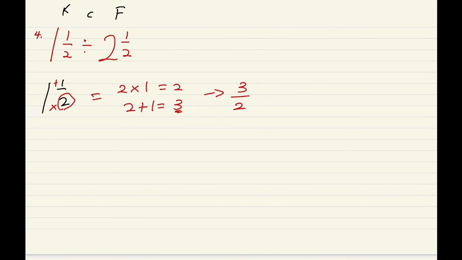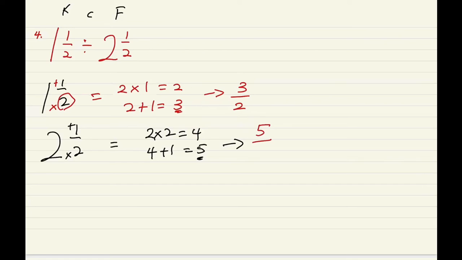We're going to go to the second one, which is 2 whole number 1 over 2. You're going to multiply and add. It becomes 2 times 2, which is 4. And 4 plus 1, which becomes 5. This is all you need. Your answer becomes 5 over the bottom number here, which is 2.